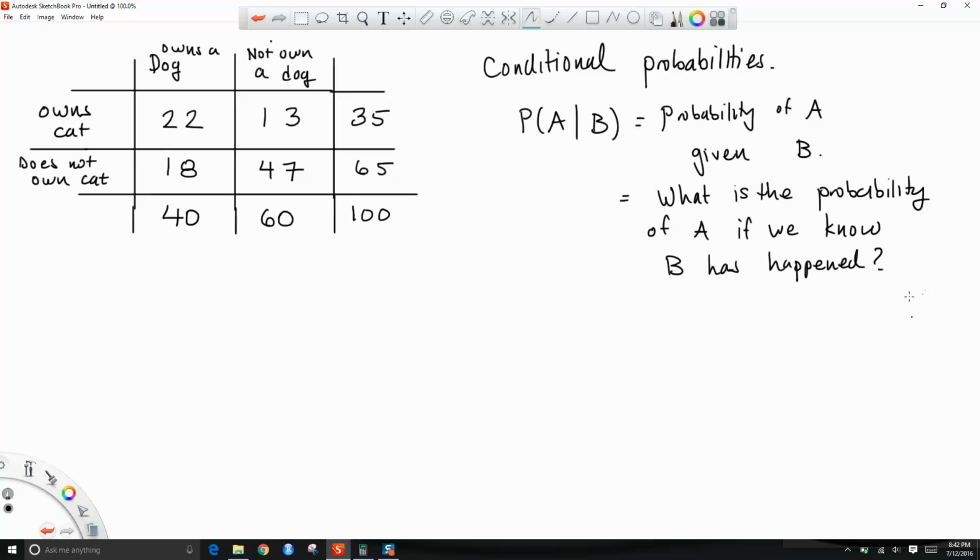Okay, so this is different. This is not probability of A and B. It's the probability of A given B. All right, so we could say probability of cat given dog. This is what is the probability someone has a cat if we know the person has a dog.